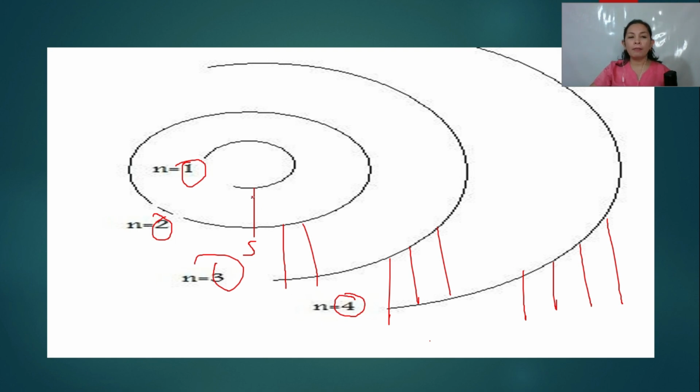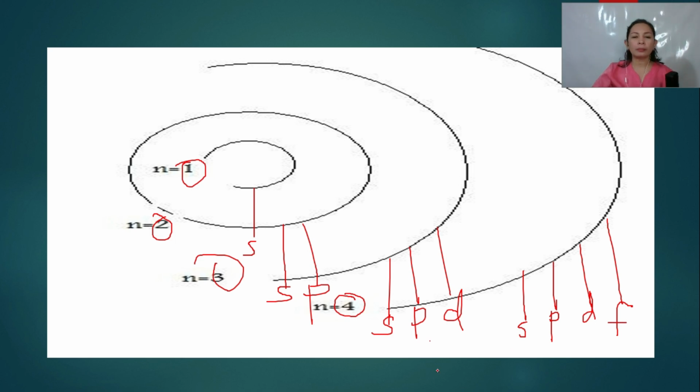In the first energy level, the sublevel is only S. In the second, we have S and P. In the third, we have S, P, and D. In the fourth, we have S, P, D, and F. By the way, S represents sharp, P, principal, D, diffuse, and F, fundamental.